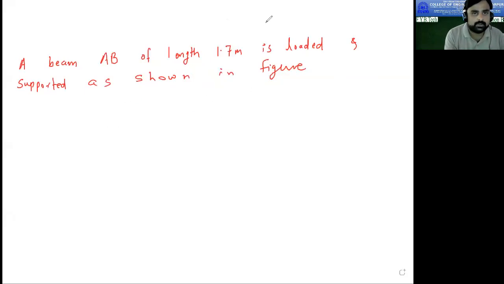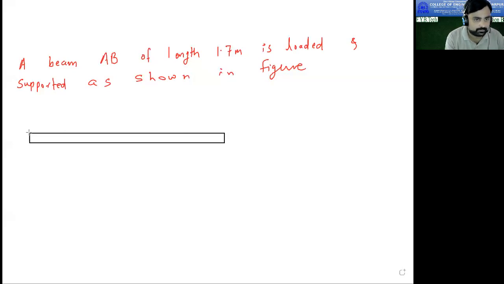So the diagram is this: a rectangular beam. It is supported by the supports which are shown like this.